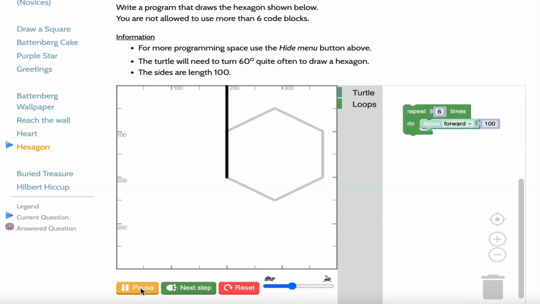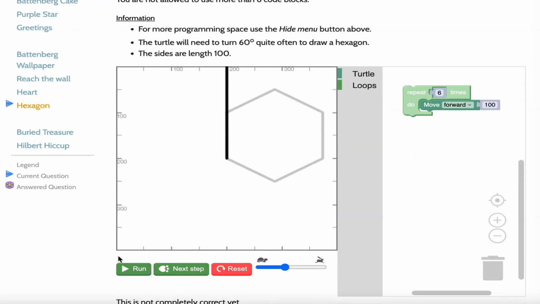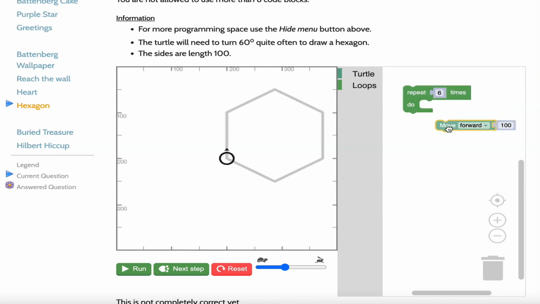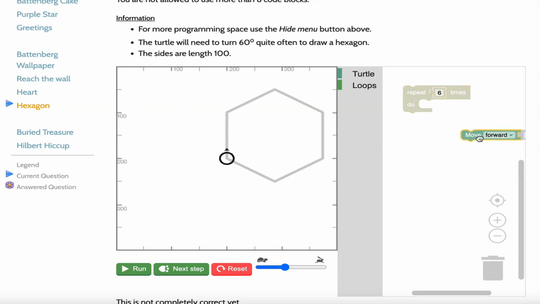Now as you can see, my line continues to repeat 6 times and draw upwards by 100. To check that this is exactly the amount of steps that I do need to move forward for each side, I can for now use the disable function to disable the repeat block, move this block out and just run it to see if I get the right amount of movement on the side.